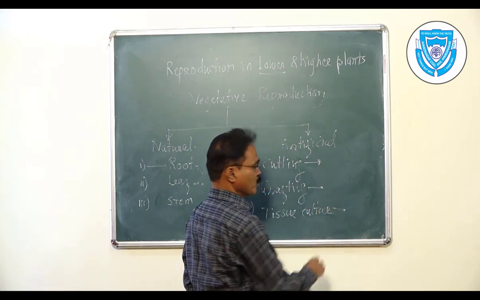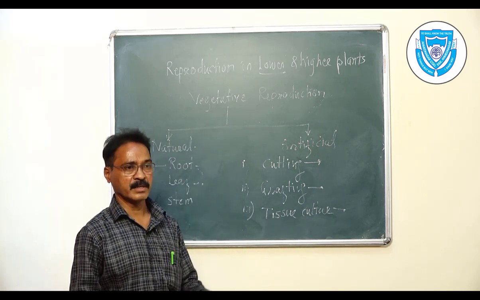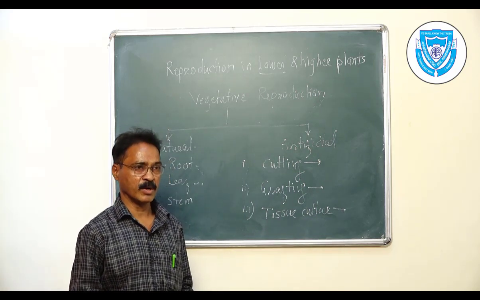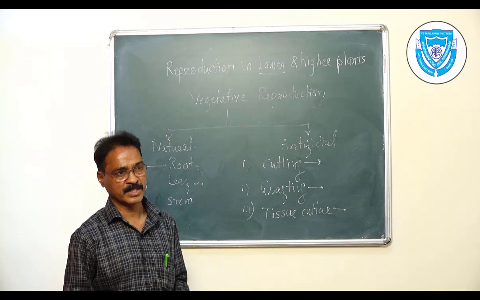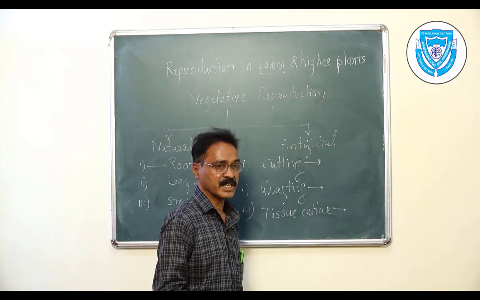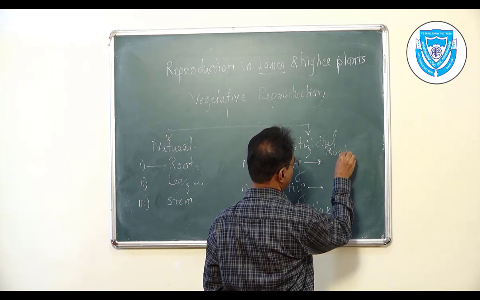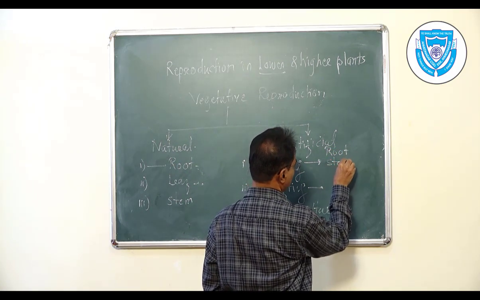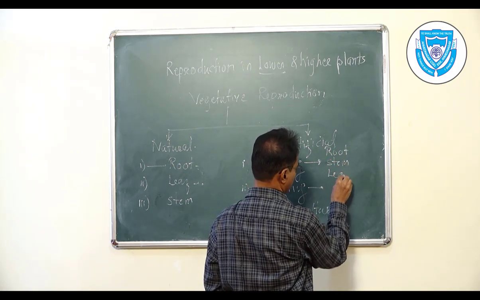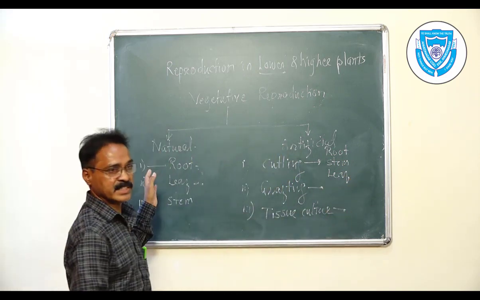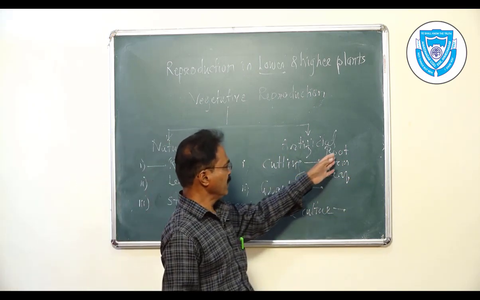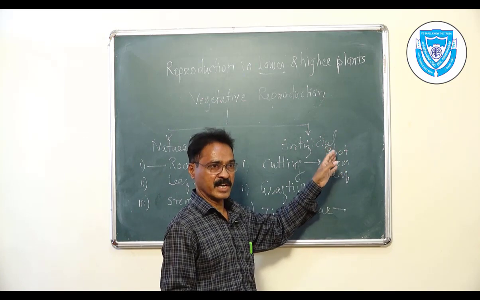Now cutting is the most common technique in the nurseries and even in the fields of farmers. They are utilizing the same thing, that is cutting. Any part of the root, stem as well as leaf, the same as the natural type of method, and many of the same examples are used again for cutting.